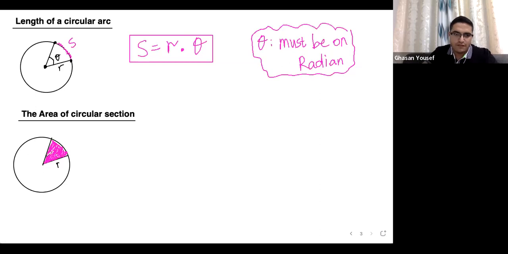If I have the radius r, and the same thing, I have the value of theta. So the area A equals 1/2 times r squared times theta. And theta here must be in radian again.